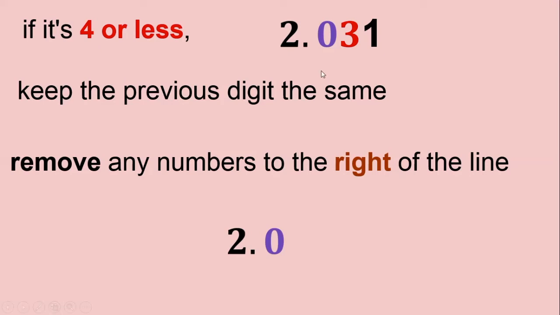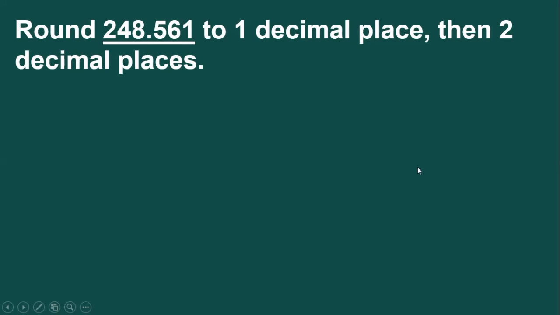Example: round 248.561 to one decimal place, then to two decimal places. First take the number again, 248.561. I will first round this number to one decimal place. I look at the number 5, the first decimal place after the decimal point, and draw a vertical line beside 5.